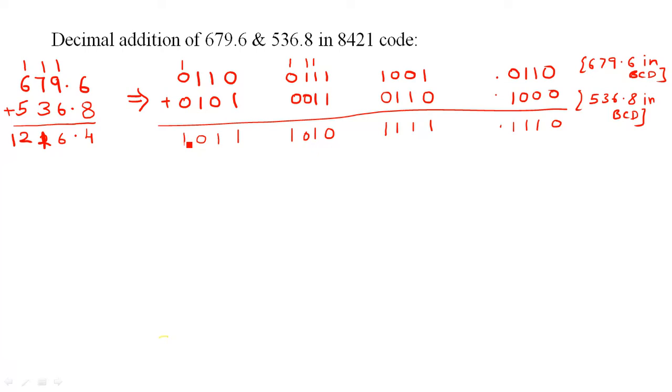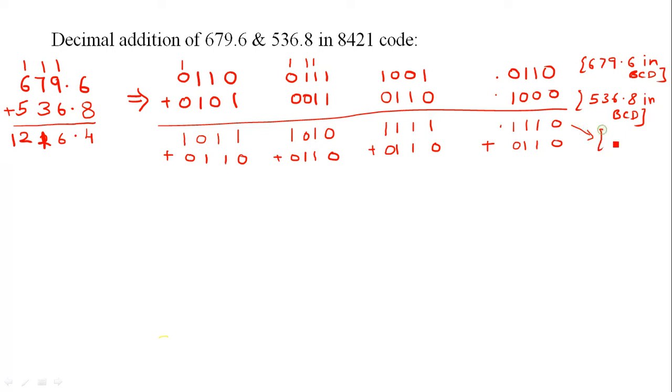So to make them legal we have to add 6 in each group. So plus 0110. We are adding an individual 6 to each group, 0110, 0110, 0110, so that a legal code can be produced.